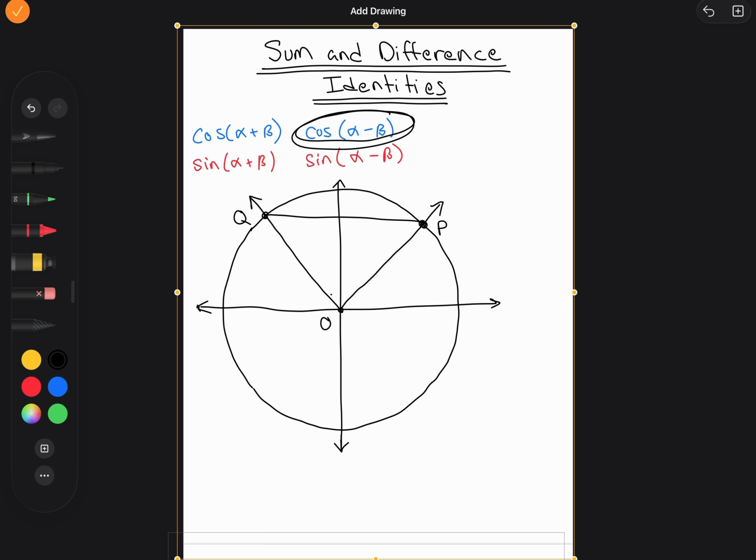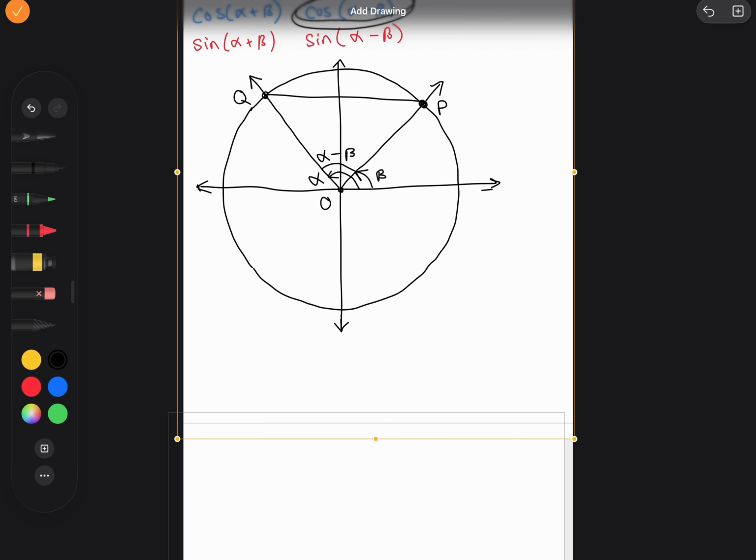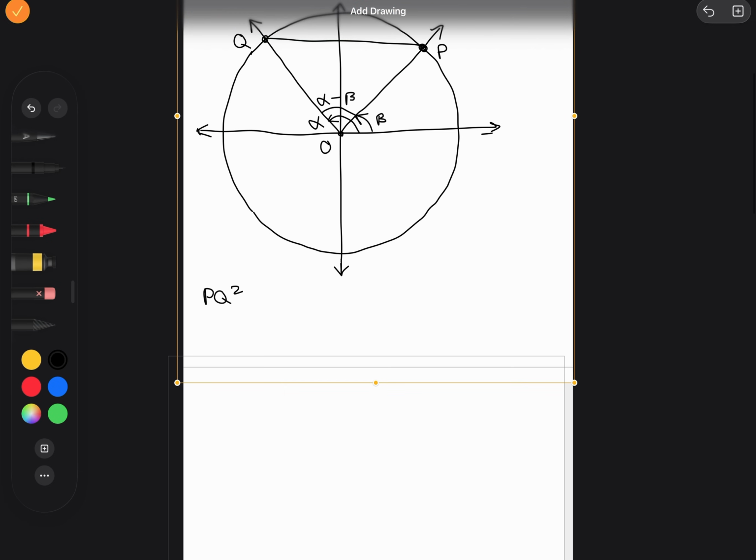So what we're first going to do is label the angles. This angle that goes from the 0 degree to Q is going to be called alpha, and this smaller angle is going to be beta. So this makes the angle in between both of them alpha minus beta. So we're going to try to find the length of PQ. And one way we can do that is using the law of cosines, because as you can see, PQO is a triangle.